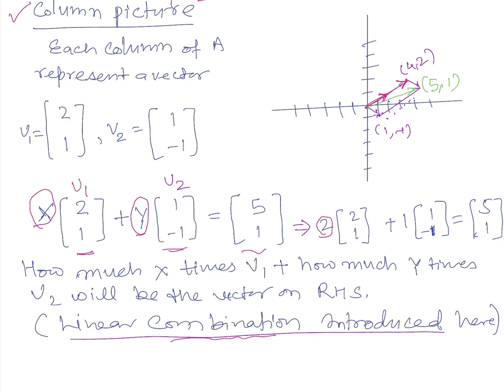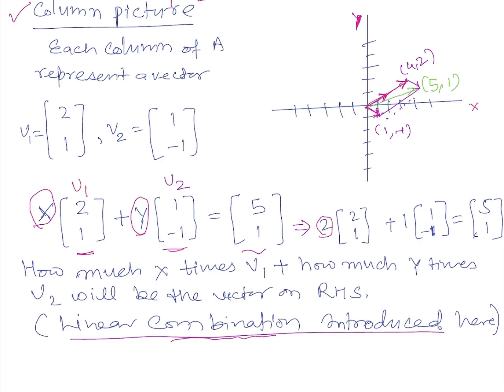Now plus (1, -1). If you look at this, (1, -1): 1 along the x-axis and minus 1 along the negative y-axis, right? If this is your x-axis and this is the y-axis, then (1, -1) goes positive x and negative y.